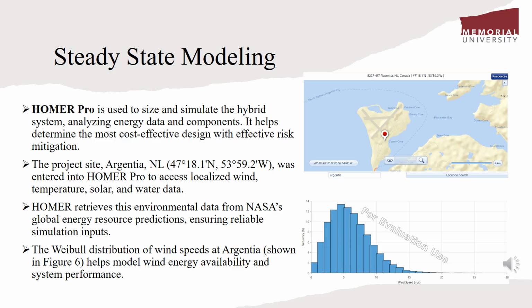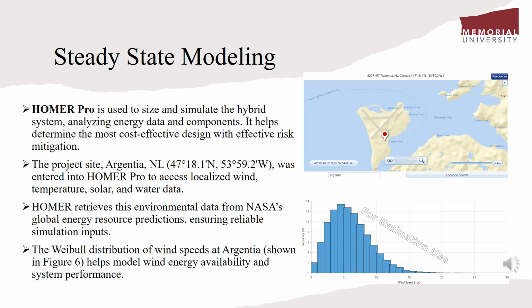For this project, I used the location Argentia in Newfoundland, which is located at 47 degrees 18.1 minutes north and 53 degrees 59.2 minutes west, as the simulation site in HOMER. This allowed me to access localized wind, temperature, solar and water data.